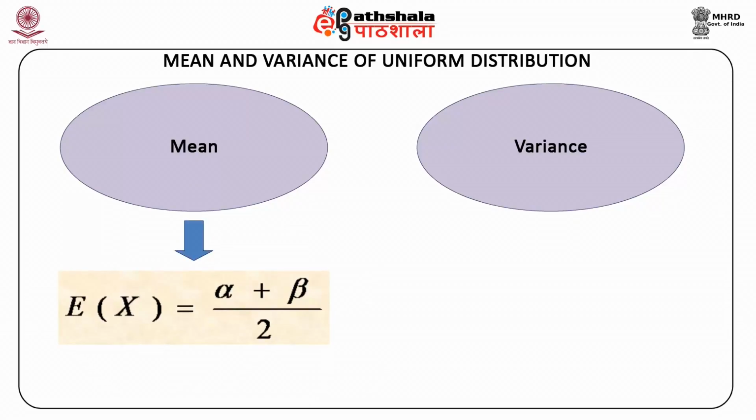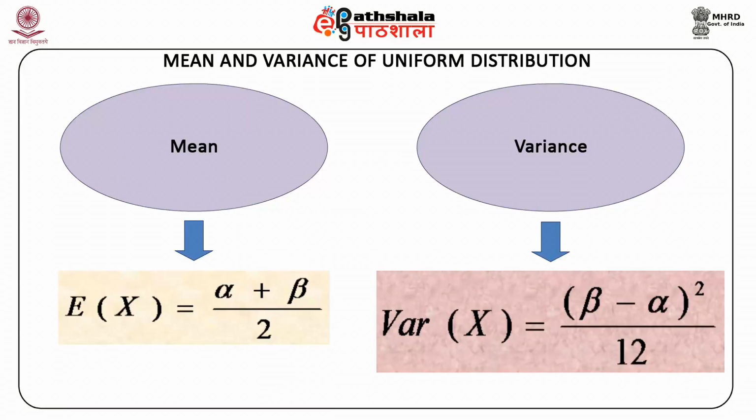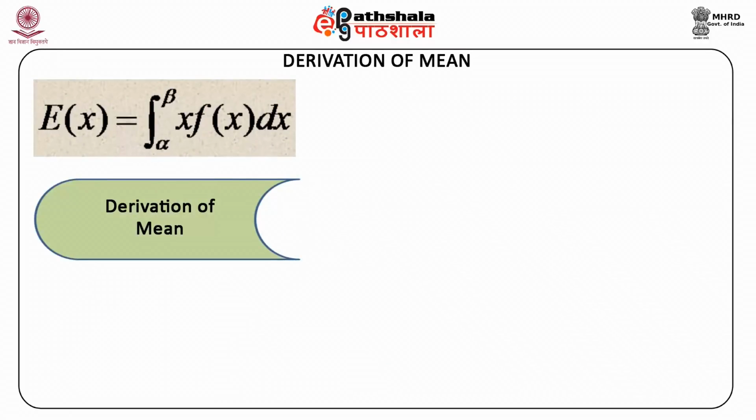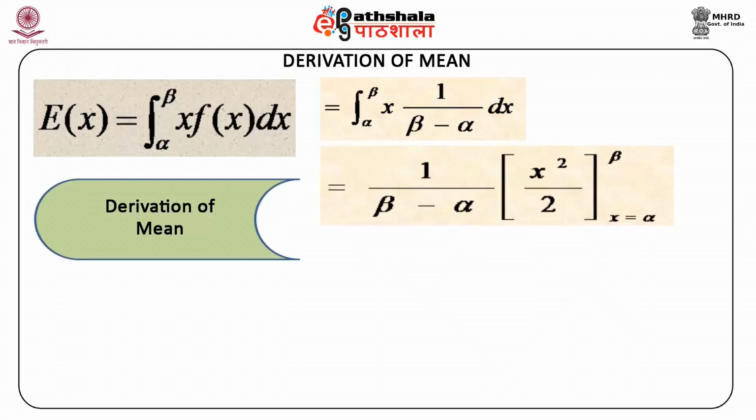E of x is equal to alpha plus beta upon 2. Variance of x is equal to beta minus alpha whole square upon 12. The above mean is derived as follows. E of x is equal to integral alpha to beta x f(x) dx, which is equal to integral alpha to beta x into 1 upon beta minus alpha dx, which is further equal to 1 upon beta minus alpha into x square upon 2, x varying from alpha to beta.